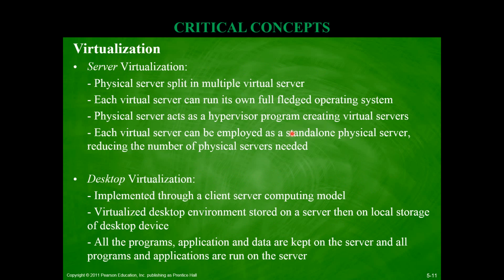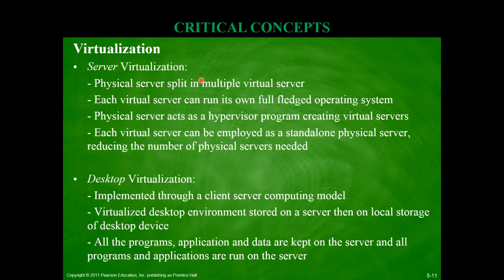Now, another important trend that seems to be behind a lot of enterprise systems nowadays is the so-called virtualization concept. There are two subtypes of virtualization. First of all, you have server virtualization. Server virtualization means this: a physical server, meaning the actual physical hardware, is split into multiple virtual servers. Those servers belong to this one single box, but they are treated as different servers.